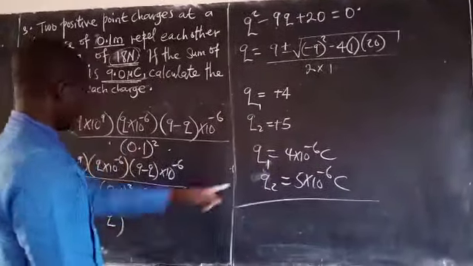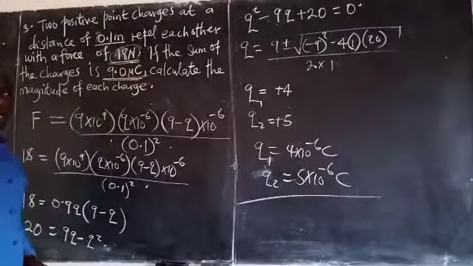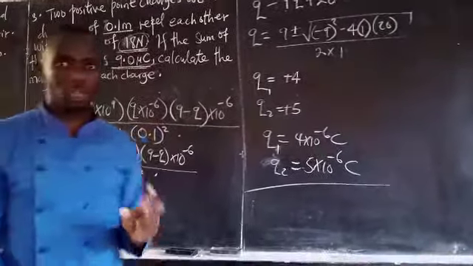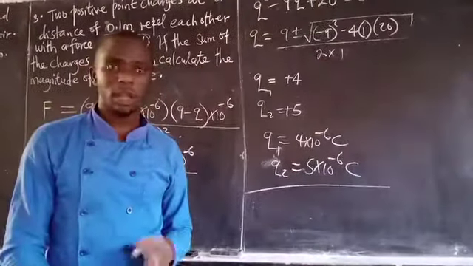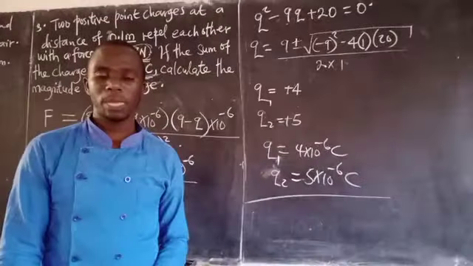And ideally, when you add the two, you get this 9 that they are telling us. This one is just a combination of physics and mathematics. Simple ways to handle, and that is it.